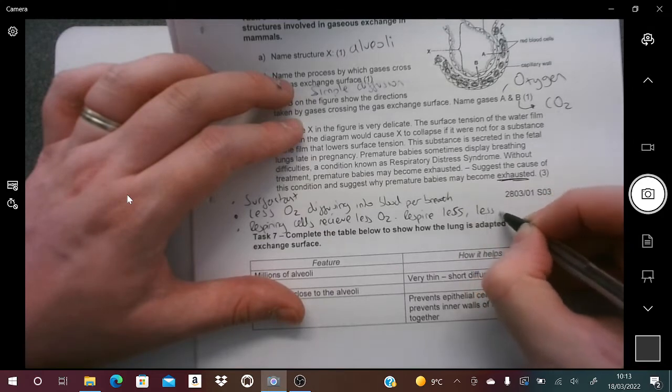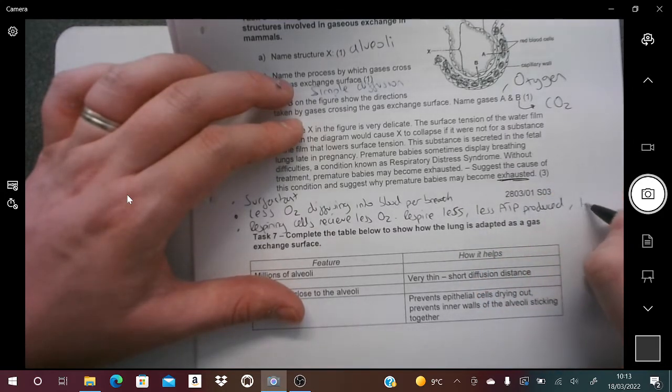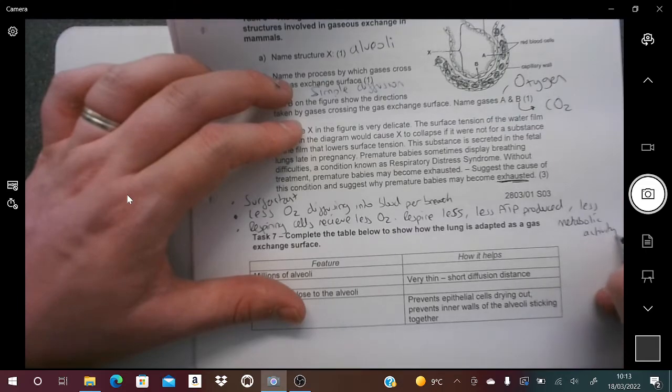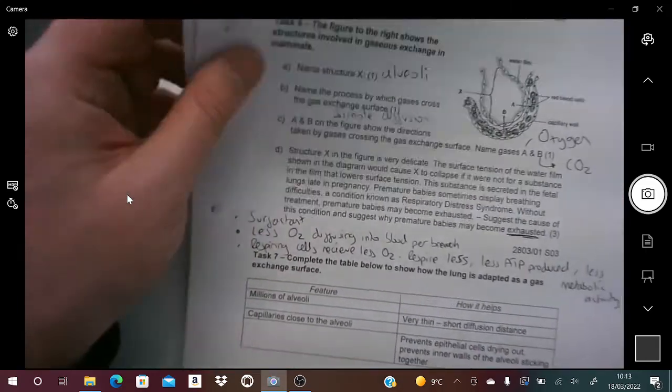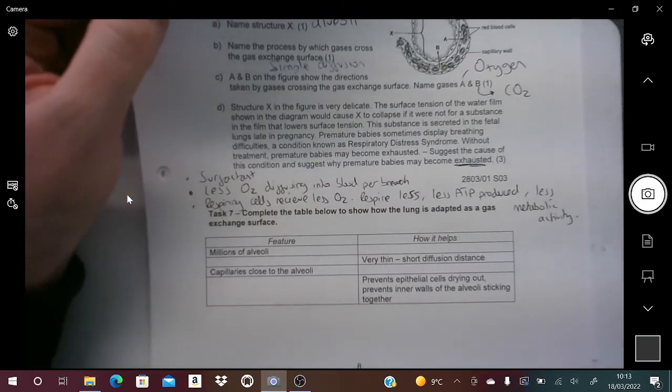So that's less ATP produced, and therefore less metabolic activity, less muscle contractions, less chemical reactions, less synthesis. Yeah, that'll make you feel pretty exhausted.